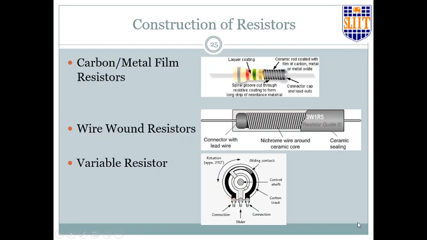So by changing the position, if you rotate that slide towards this end, the resistance between the middle and the right would be lowered, and the middle and the left would be increased. Same way, if you rotate the other way around, the left hand two terminals would have a lower resistance, and the right hand two terminals would have a larger resistance. The resistance between these two would be fixed because it is a carbon strip.